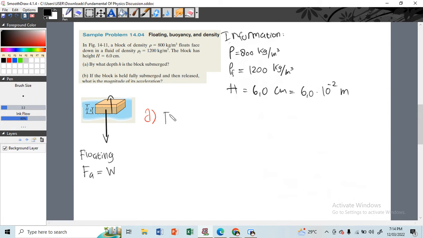So I can state here that Fa, the Archimedes force, will be equal to W, the weight of the block.